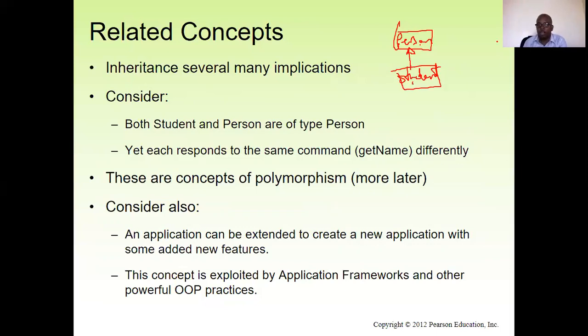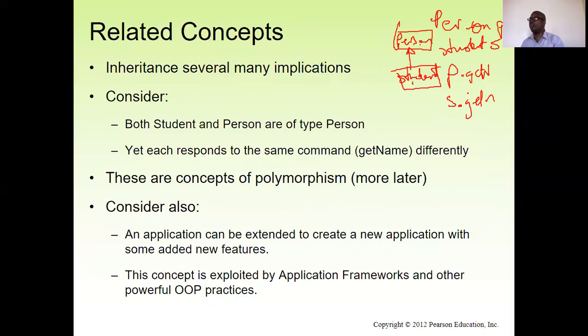Because remember, if we had created person P and student S, and then we say P.getName, and then we say S.getName. And guess what? The two of them run a different version of getName.